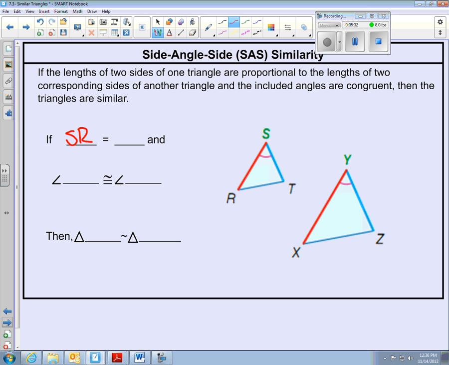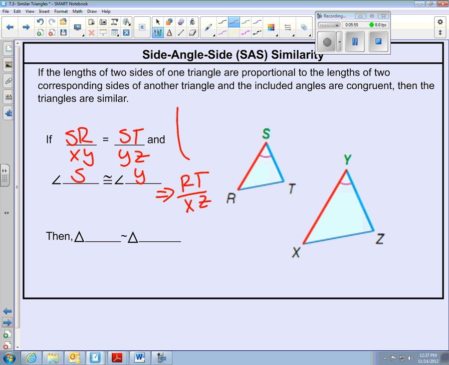So SR is proportional with XY, and if that goes with our ST and YZ, and our angle S and angle Y are congruent, then we also can tell from here that this third side is going to be proportional.